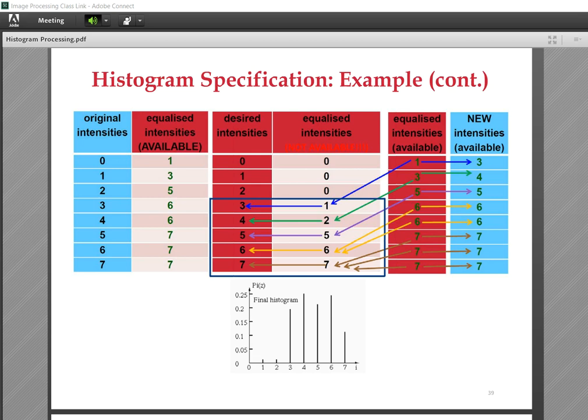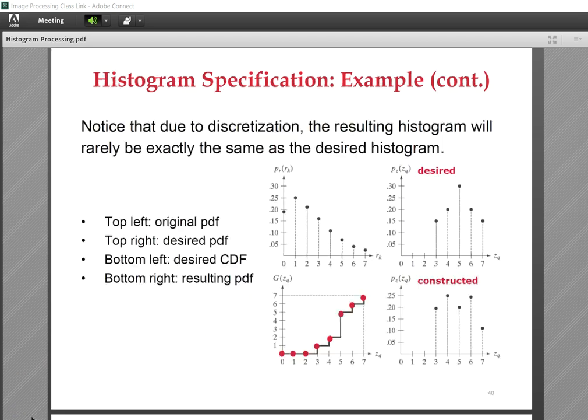That's right. Here you see the wrong pictures. Notice that due to this discretization, the resulting histogram will not really be exactly the same as the desired histogram. Here, this is the original histogram. This is the desired histogram, and this is the constructed histogram.